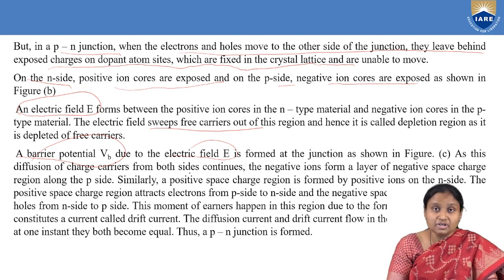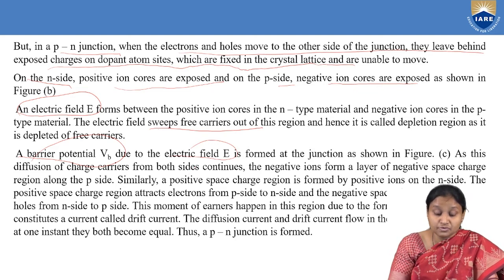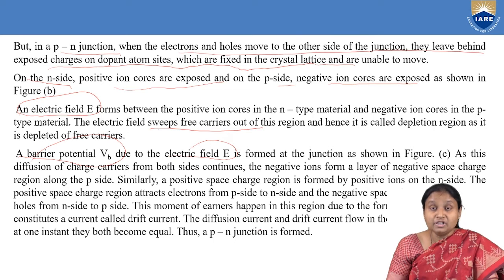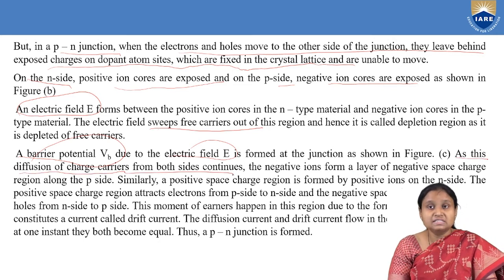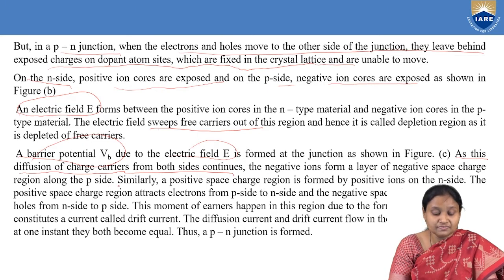So once the electric field is formed because of the diffusion process, the drifting process will take place. How exactly will the drifting process take place? As diffusion of charge carriers from both sides continues, the negative ions form a layer of negative space charge region along the p side. We have already seen this in the previous figure.